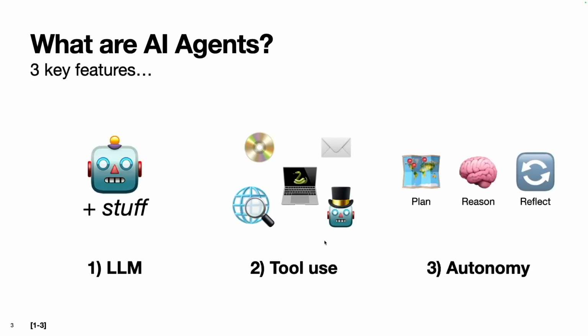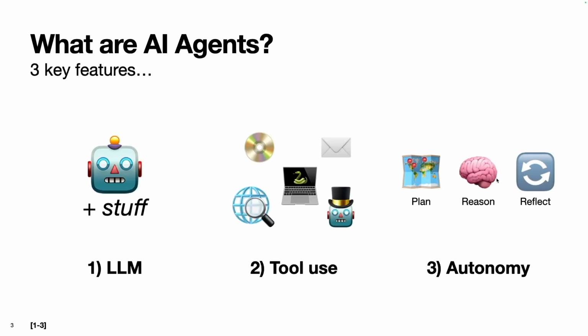And then finally, there is usually some mention of autonomy. We saw in Hugging Face's definition there was this notion of planning. And Anthropic's definition, which we'll talk more about, really stresses the importance of these open loops, this ability for the model to reflect on its outputs and get real world feedback on them.